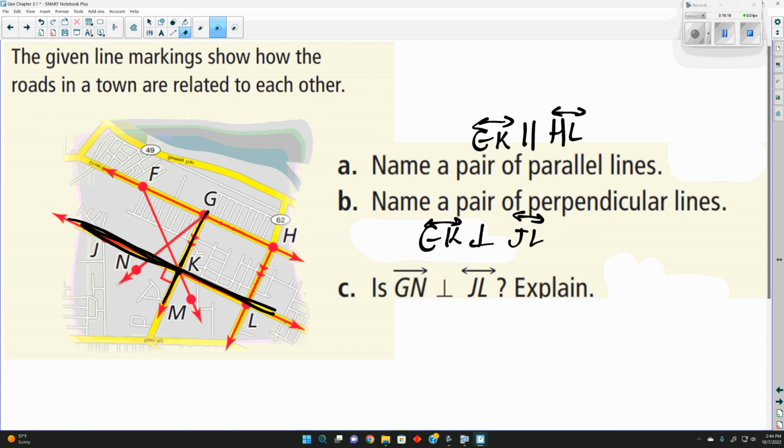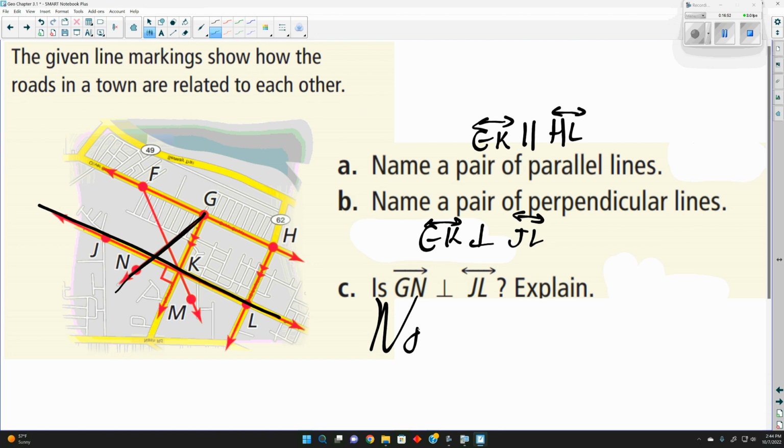Is GN perpendicular to JL? So GN is where? Is it perpendicular to JL? No. Are GN and JL intersecting at a right angle?